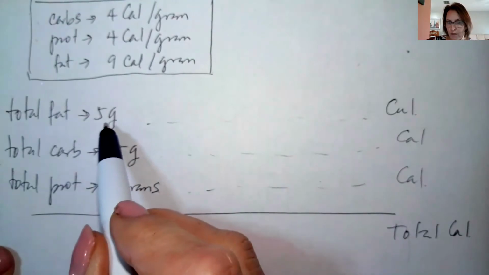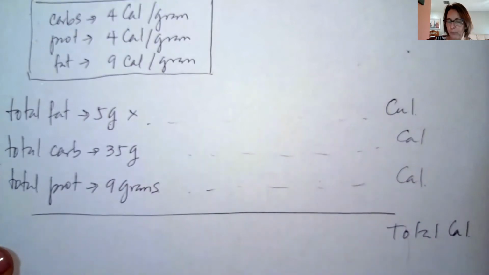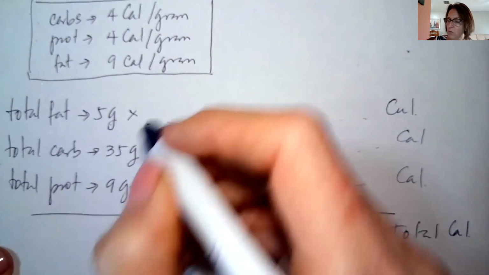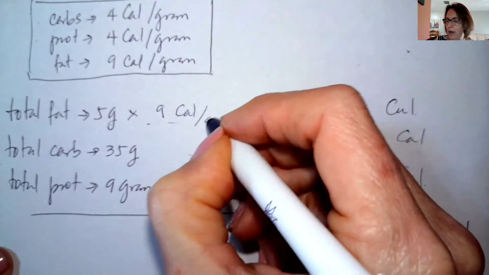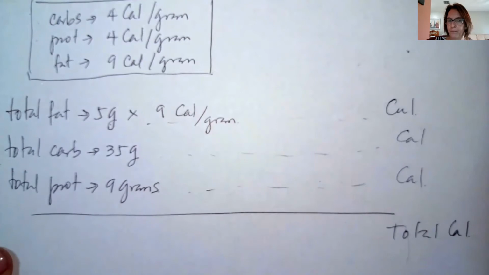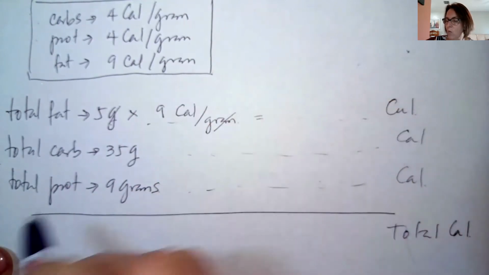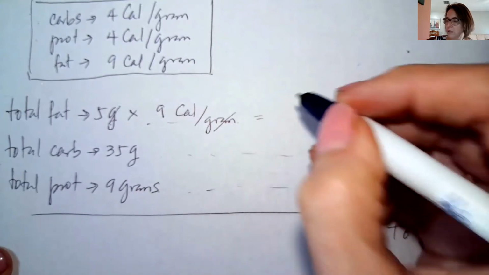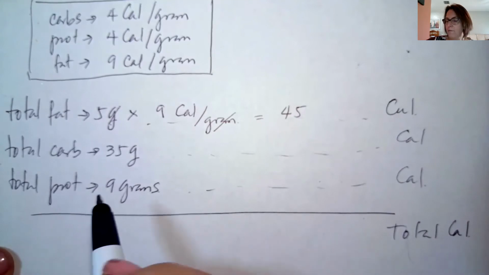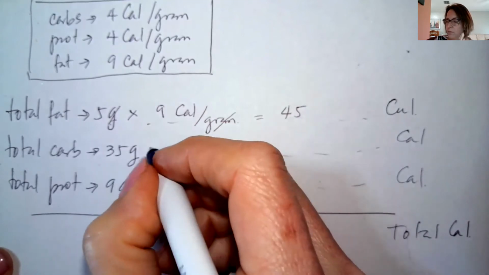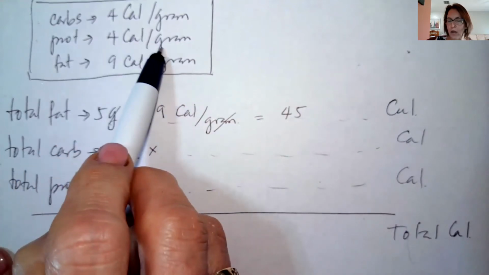We take the number of grams times the calorie content for fats, which is 9 calories per gram. The grams will cancel out, and I will end with calories. In this case, 45 calories. For carbs, we multiply by 4 because it is 4 calories for every gram.